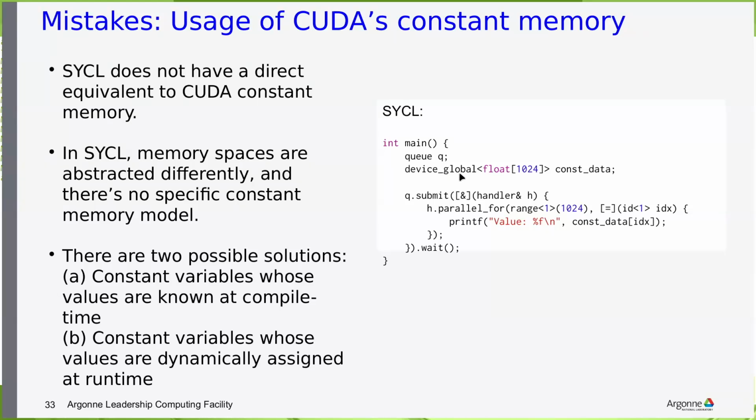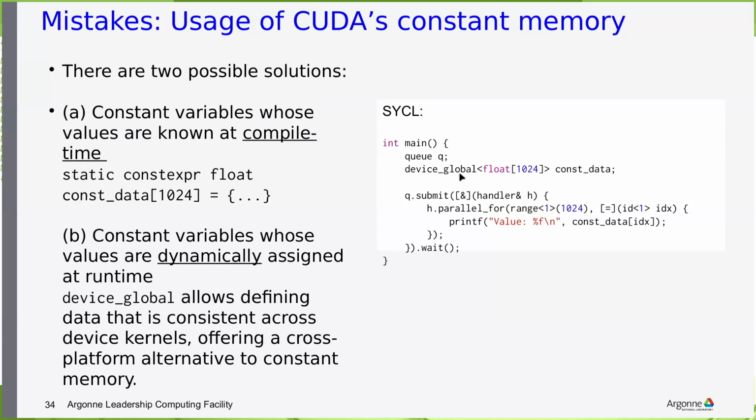For the values known at compile time, you could just use C++ semantics with a constant expression and then assign these values. These will be absorbed into the device code inline, so you don't have any issues with it, and these will still act as a constant memory inside a kernel.